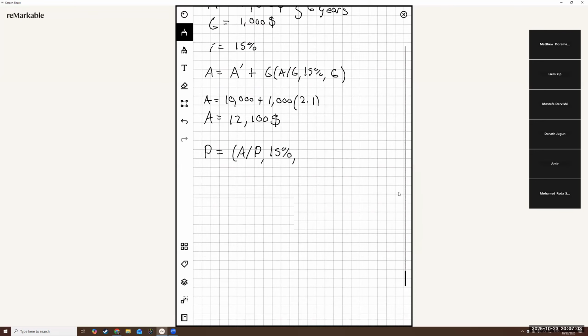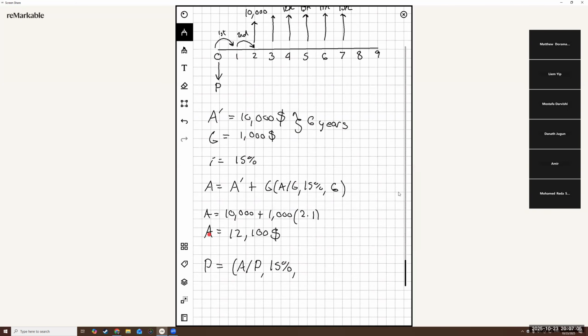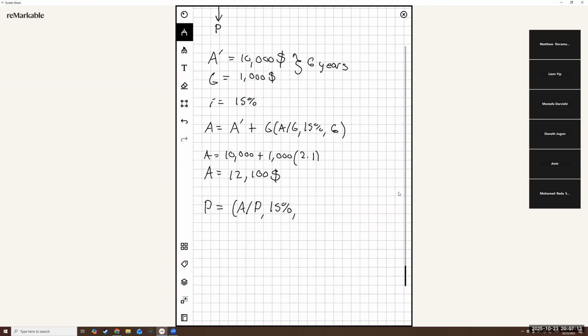Well, don't overthink it. This A still represents 6 installments, right? The number of arrows pointing up. So that will be for 6 years. Okay. And this is multiplied by our $12,100.